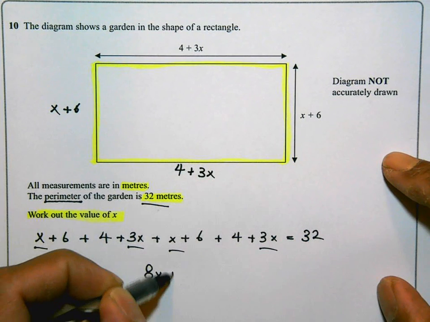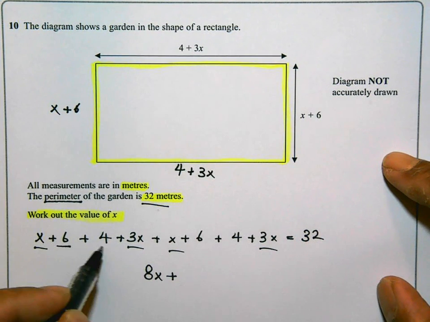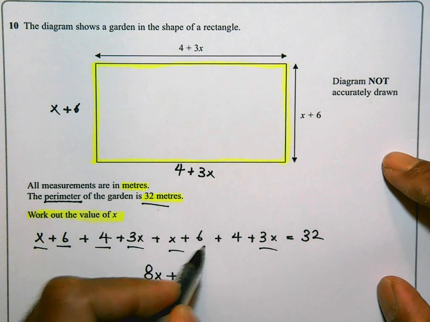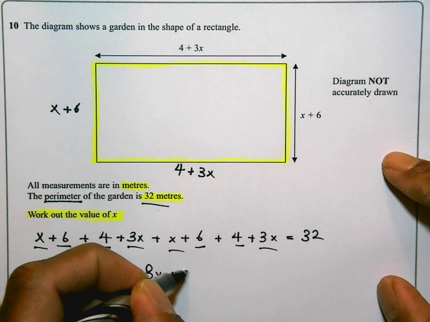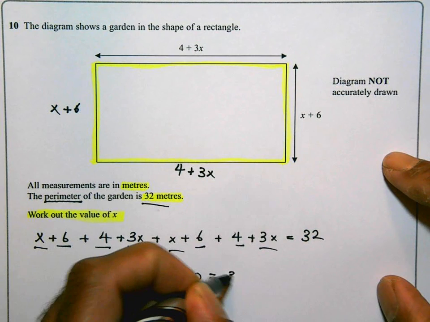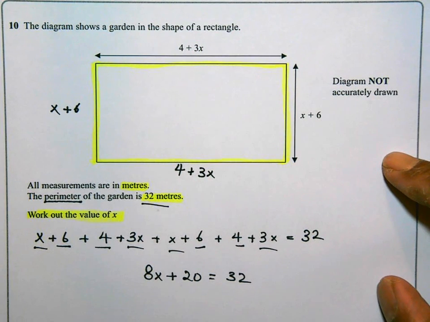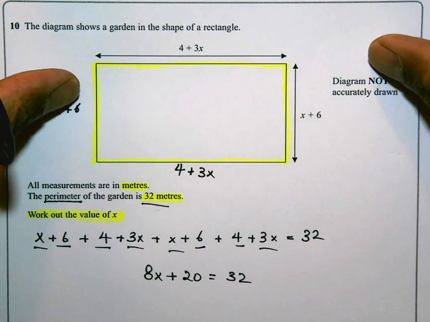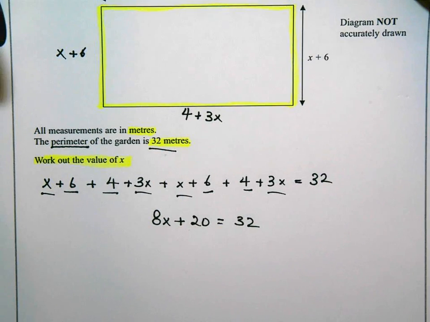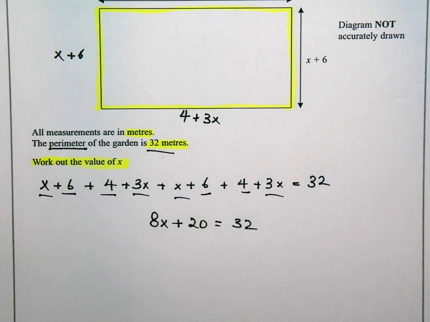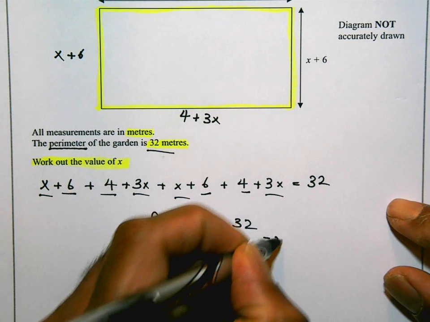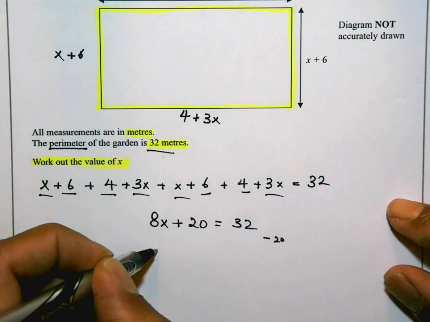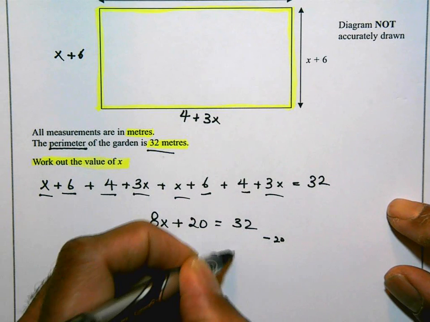Plus 6 add 4 is 10, 6 add 4 is 10, so that's 10 and 10 altogether, which is 20, and that's equal to 32. So I have 8x is equal to 32. Take away 20, get rid of that 20 there, so I'll get 8x is equal to 12.